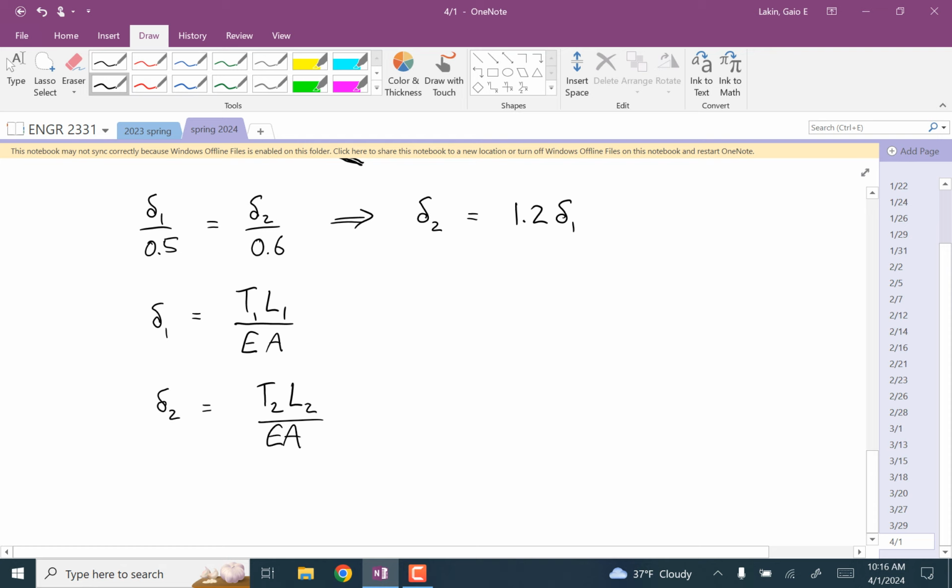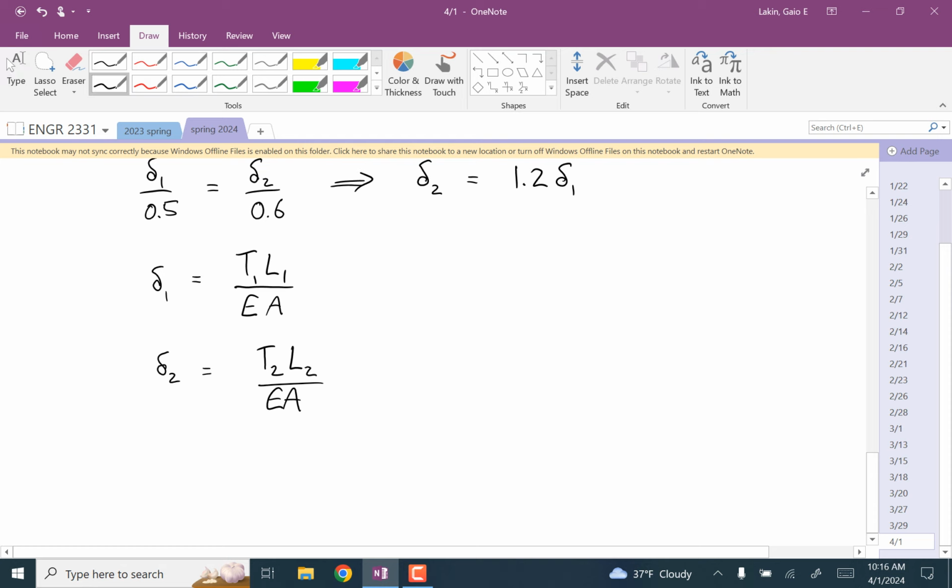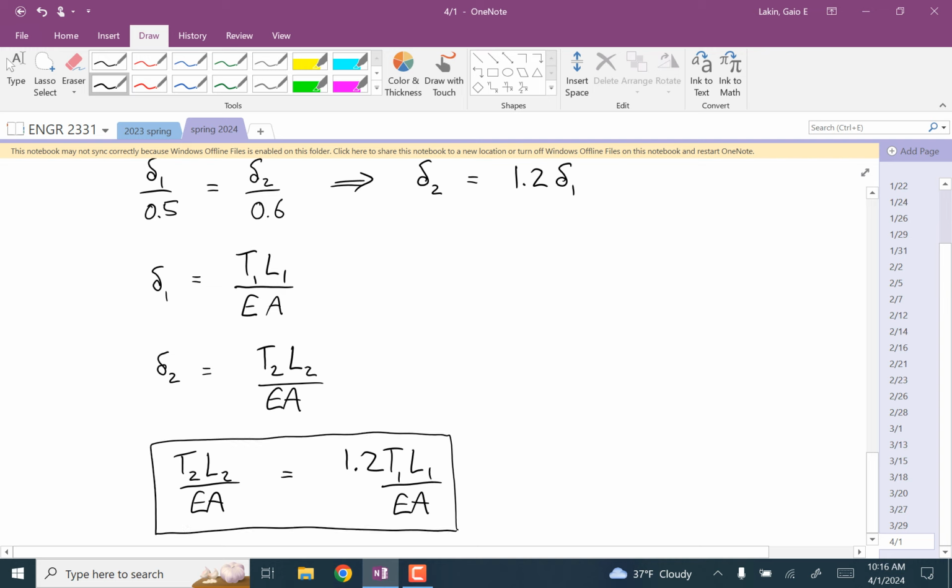Then we can plug that into this equation to get T2 L2 over EA is equal to 1.2 T1 L1 over EA. And that is our fourth equation. We didn't introduce any new variables, so now we should be able to solve it.